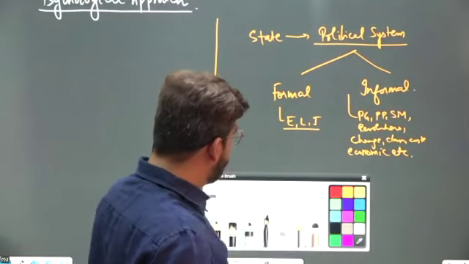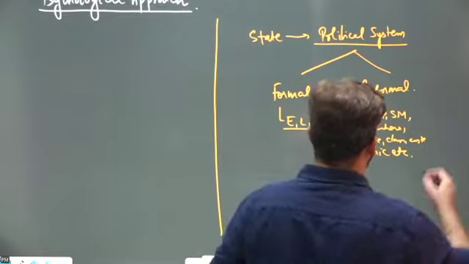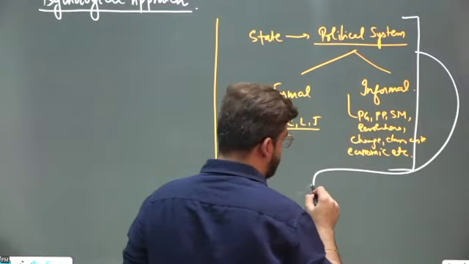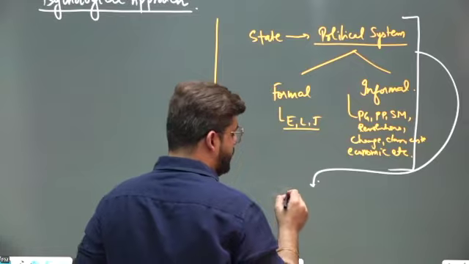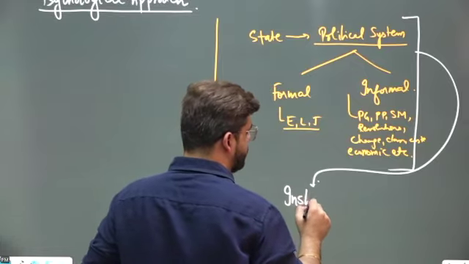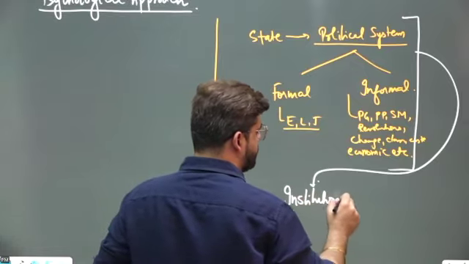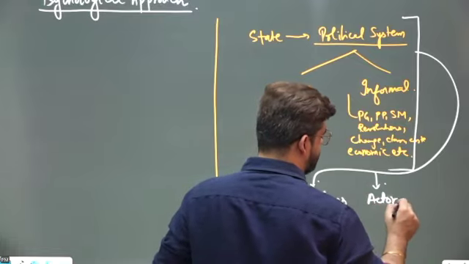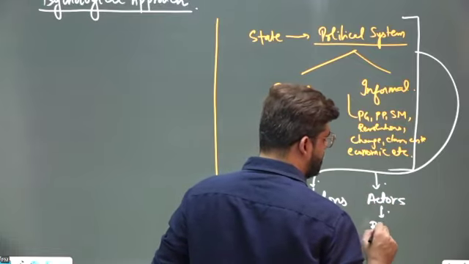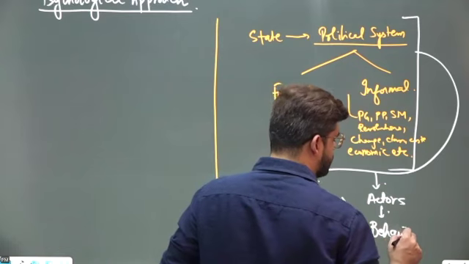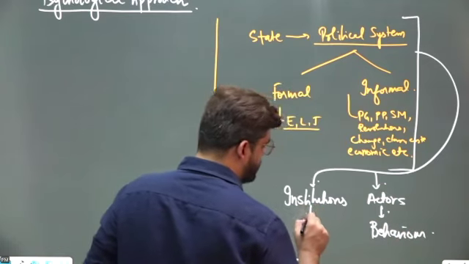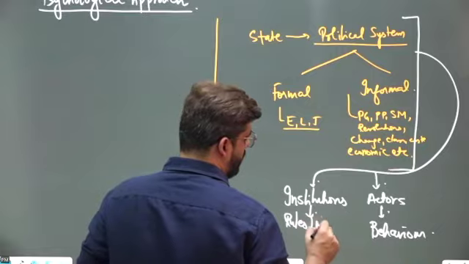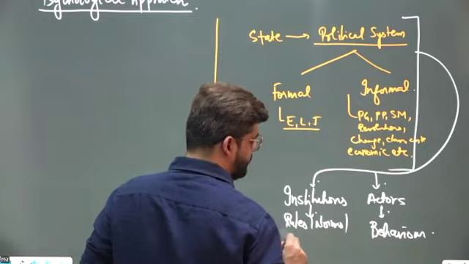Now this political system further consists of, again, one classification I'm making, institutions and actors. Actors will show behavior, and institutions will make rules or norms or regulations.